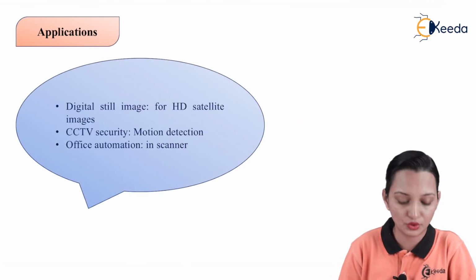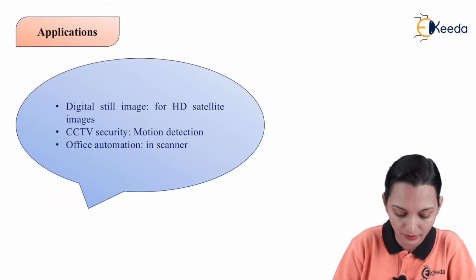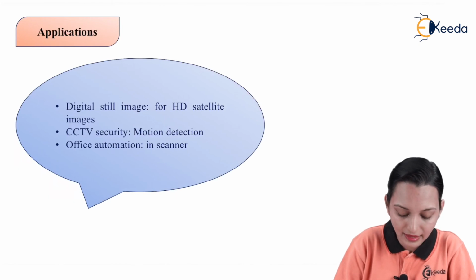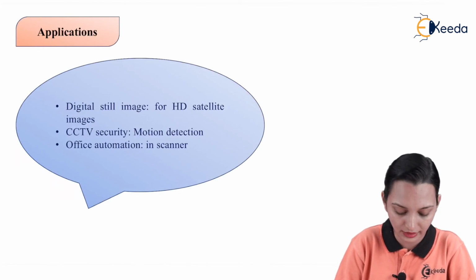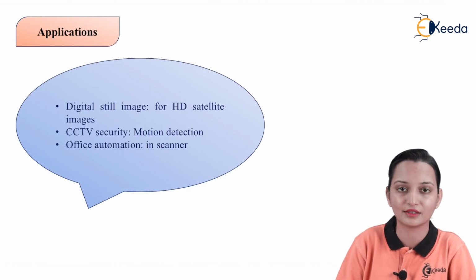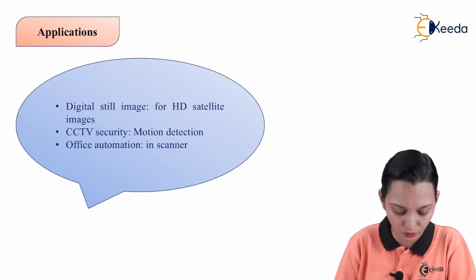Now where can we use this JPEG 2000? The first one is digital still images for HD satellite images. Second is CCTV security for motion detection. And third one is office automation in scanners. So these are the different applications where you can use JPEG 2000.